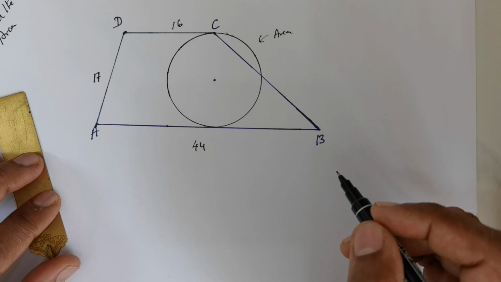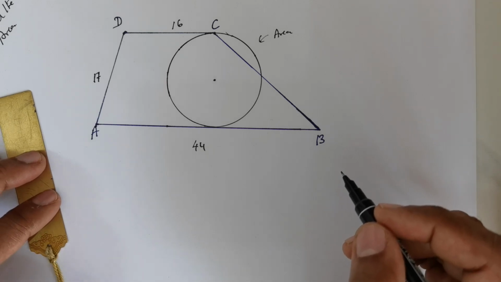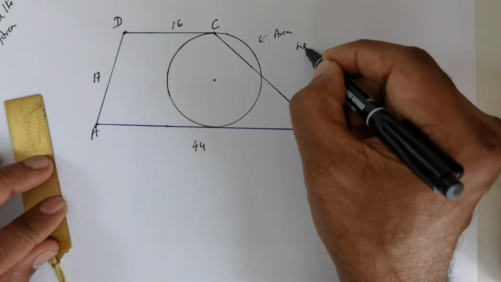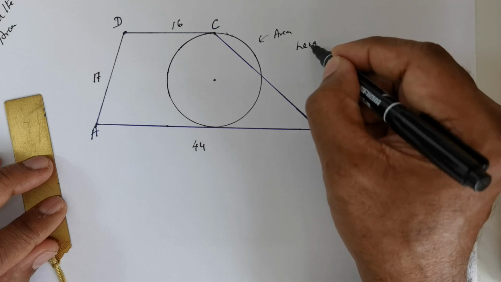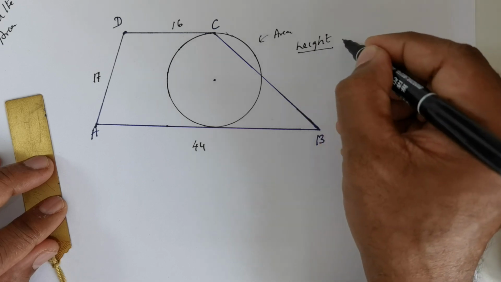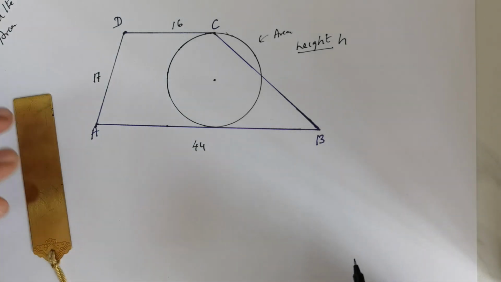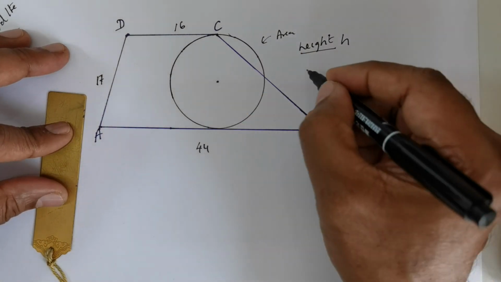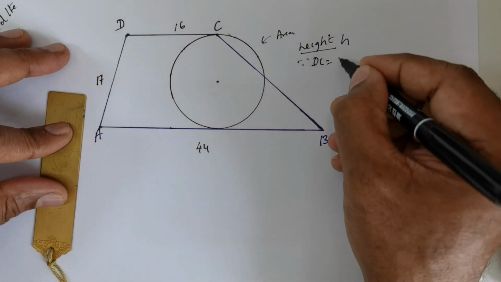Okay, so now since this is given to be a trapezium, what I wish to do is I would like to get the height h. Okay, so for that I see that DC is equal to 16 units.